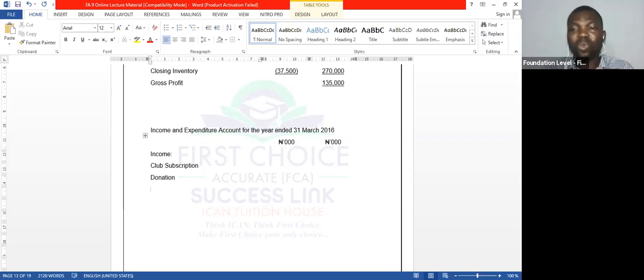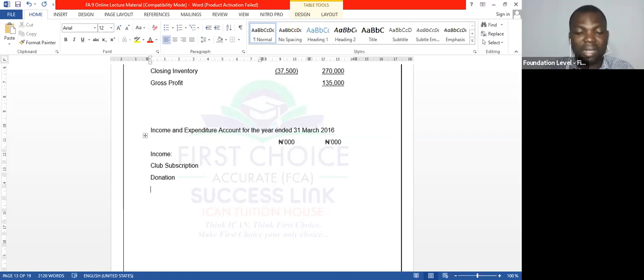We now use the expenditure incurred to reduce the amount generated from the event. The net figure will now be our income. So because we are going to do a calculation on that Christmas dance, I'm going to leave it out and move to the next income.